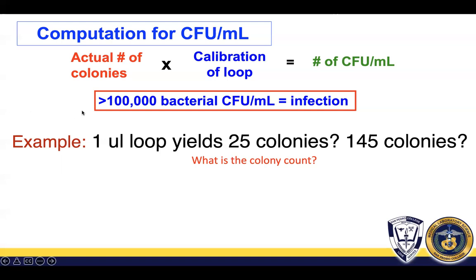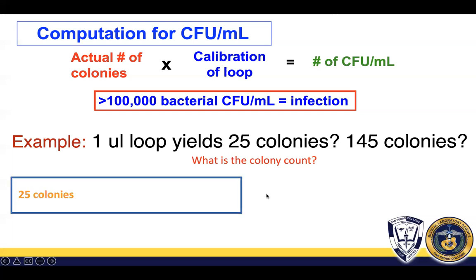An outcome of more than 100,000 bacterial colony forming units per ml signifies infection. For example, using your 1 microliter loop, you have counted 25 colonies. What is your colony count? And using the same 1 microliter loop, you've counted 145 colonies. What is your colony count?